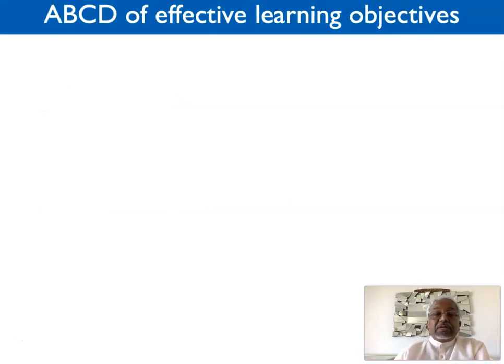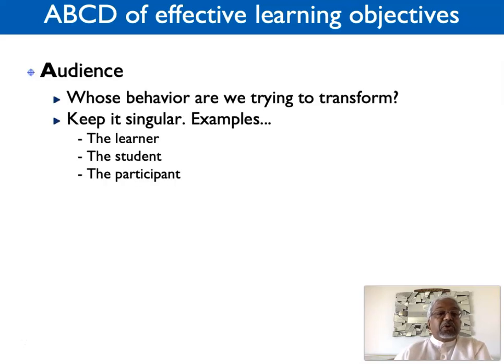So let's go a little deeper into what ABCD really means when you're sitting down to craft your learning objective. The audience are those people whose behavior we are trying to transform, and it'll be good to think about them in the singular rather than as a group. When you write the objective, write the learner, the student, the participant, rather than the class or something of that sort.